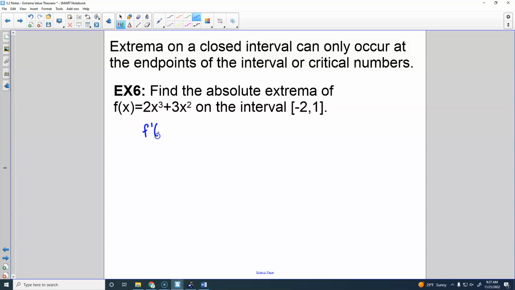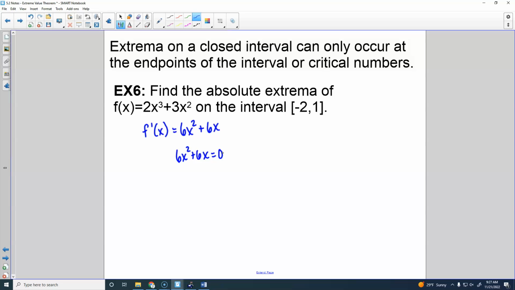So f prime of x is 6x squared plus 6x. And then I'm going to set that derivative equal to 0. In this particular case, there's no way that's going to be undefined. So I'm just going to have 6x squared plus 6x equals 0.